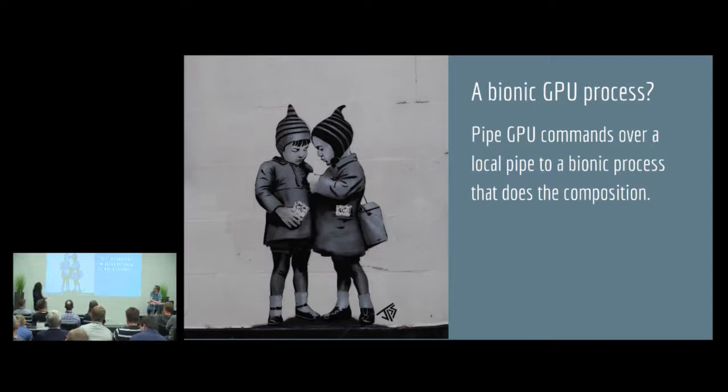And for GPUs, this is the solution that runs in Chromium today. So all of your Chromium-based browsers do this. They have their GPU process. You can see it if you look at your processes on any platform. You will have a GPU process. And all of the other processes will submit OpenGL commands through pipes to this process, and that's how it works.